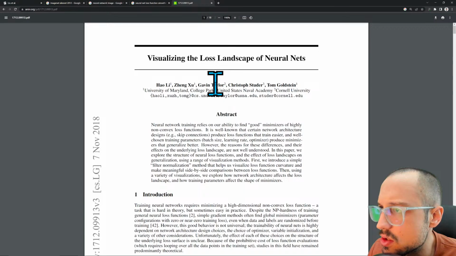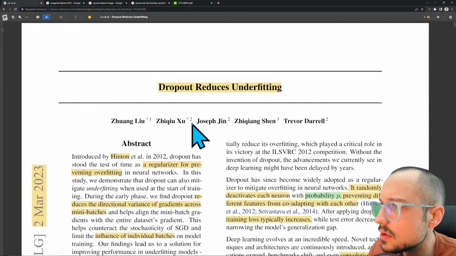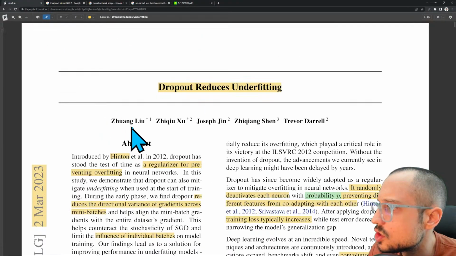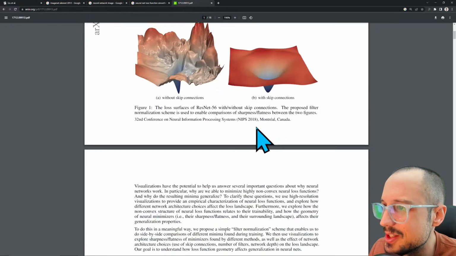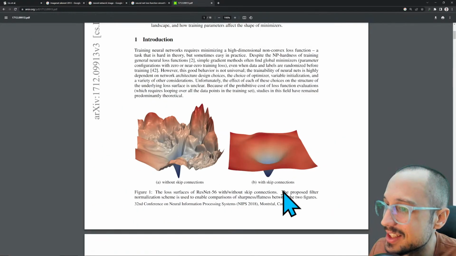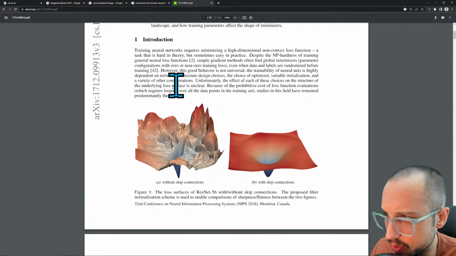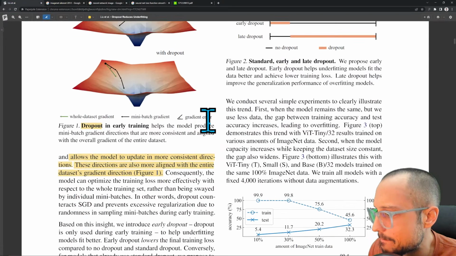Hao Li, Sheng Zhu, Gavin Taylor, Christoph. Okay, I don't think these are the same people, but very similar looking plots. Look at this plot, look at the coloring. They use the same program, but this is more what a realistic landscape, a realistic manifold, would look like.